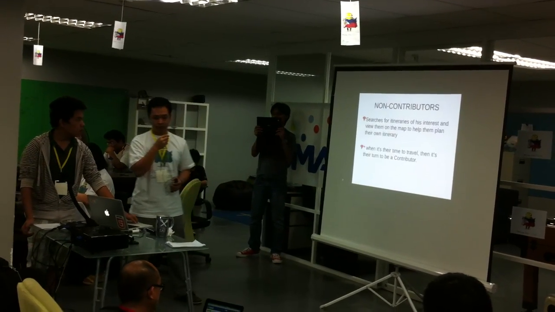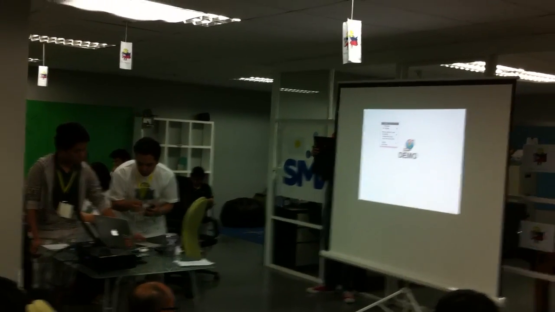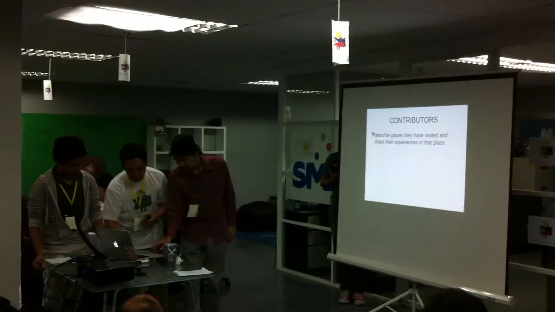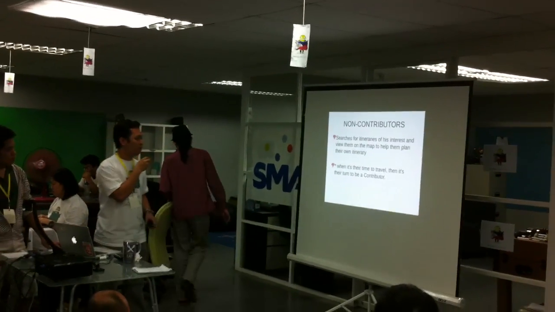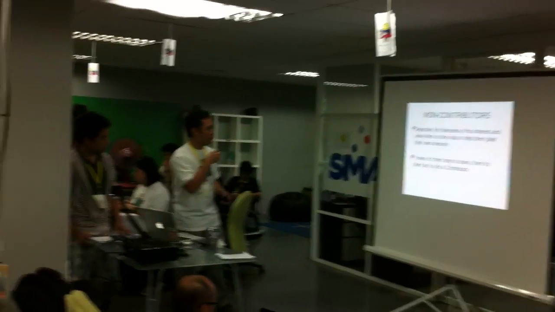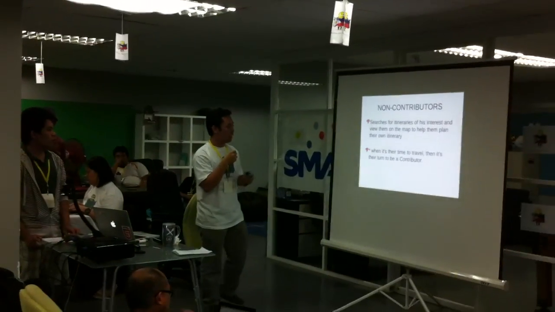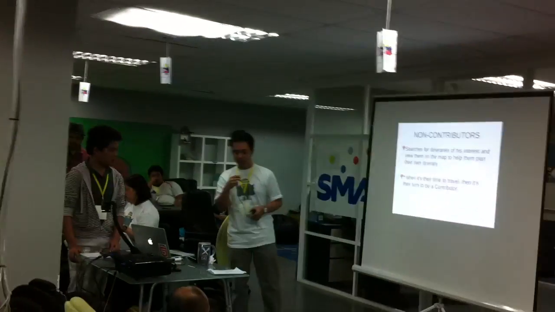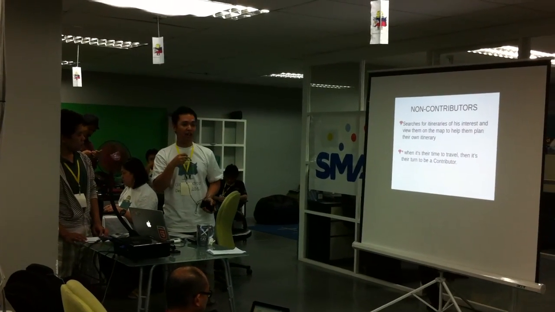Non-contributors are the ones who search for itineraries of their interest and view them on the map to help them plan their own itinerary. Then when it's their time to travel, it's their turn to contribute, so other users will be able to benefit from the itineraries on the web.